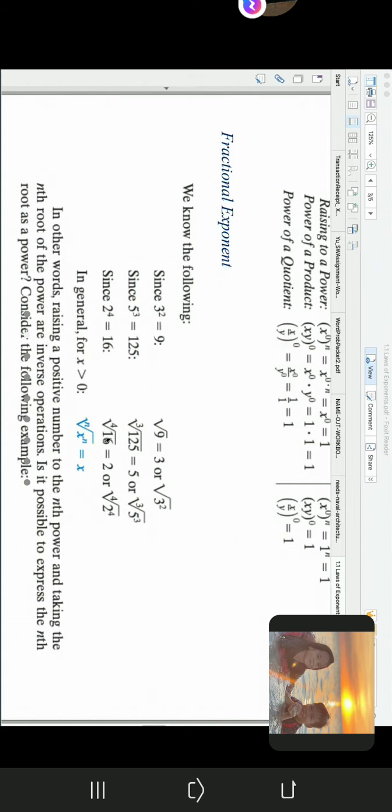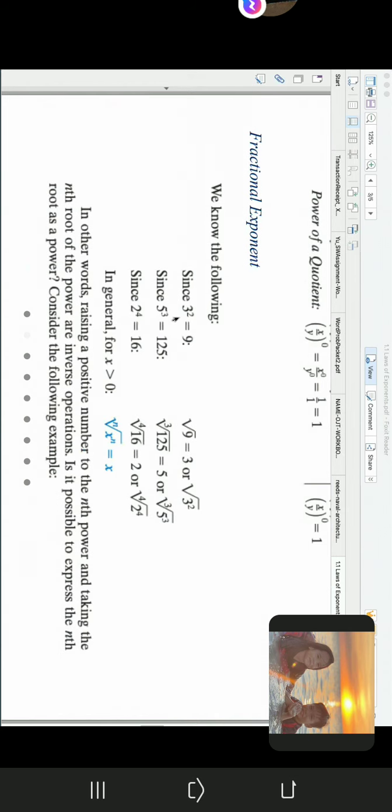Next is the fractional exponent, or we can transform this to a radical sign. Okay. Here, we all know that 3 squared is equal to 9. So that is understood, the square root of 9 is equal to 3, or we can rewrite it this way in order to get 3.